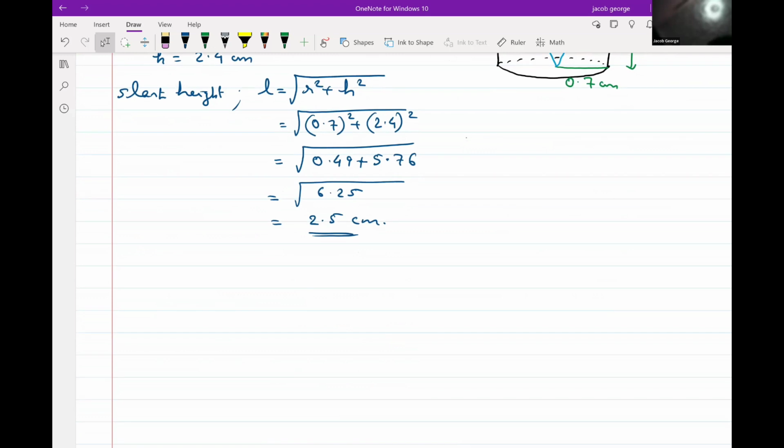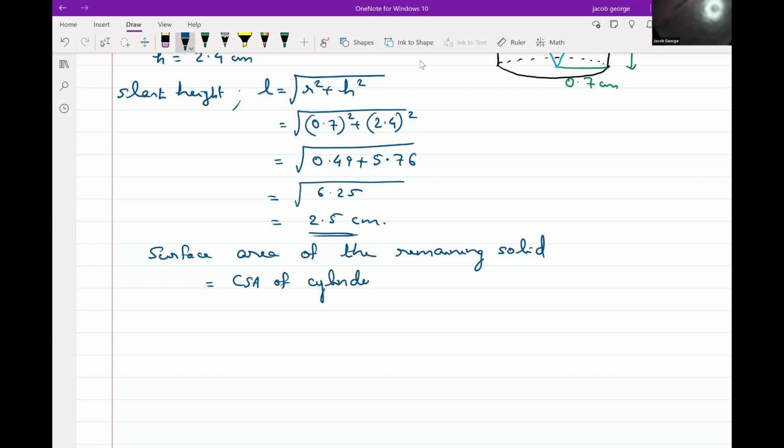Surface area of the remaining solid is equal to CSA of cylinder plus area of bottom of the cylinder plus, what we have to add, children, plus CSA of cone.